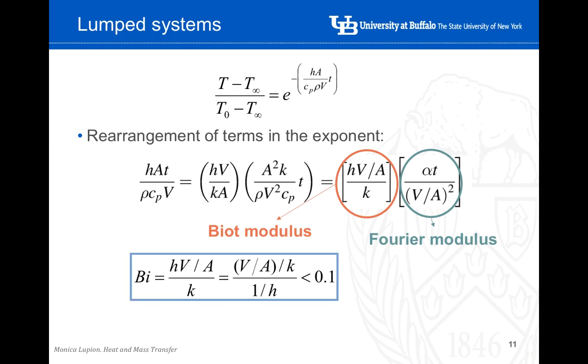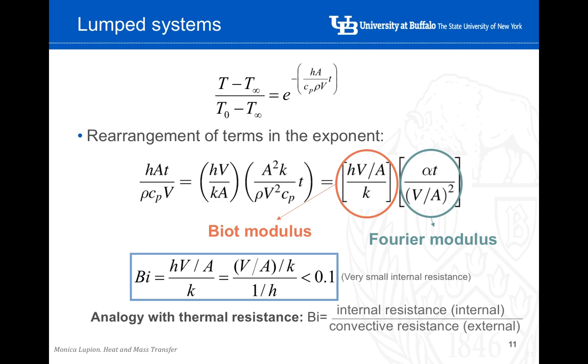Something very interesting about the Biot modulus is that if you take a closer look, this is the volume over the area, over the thermal conductivity, over the inverse of the convective heat transfer coefficient.